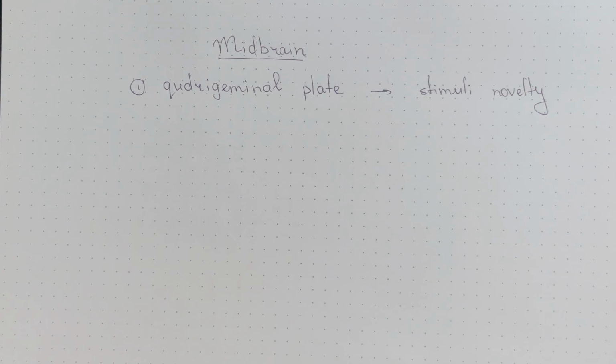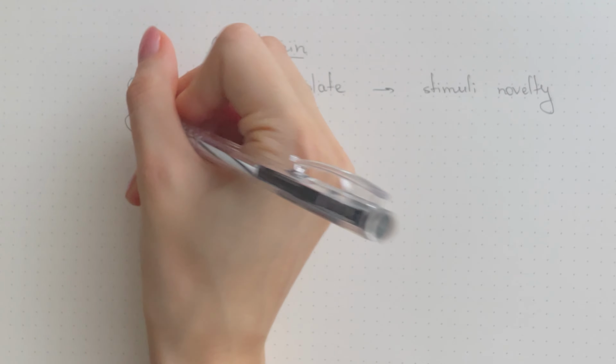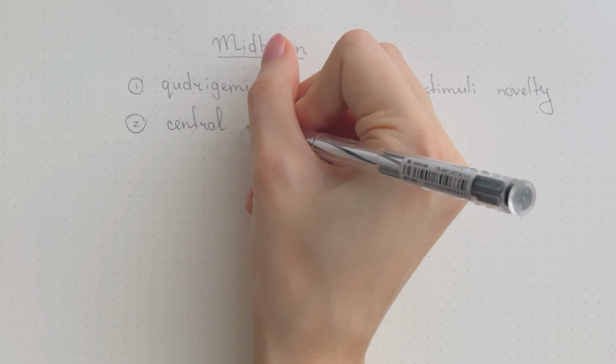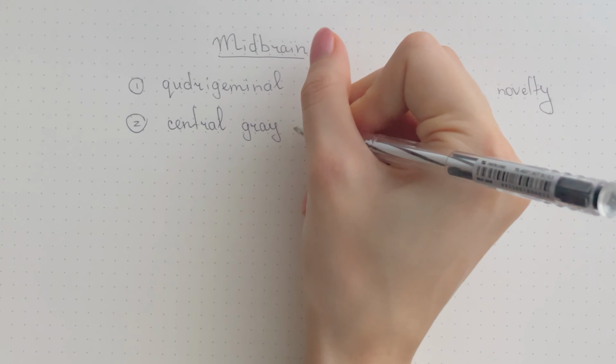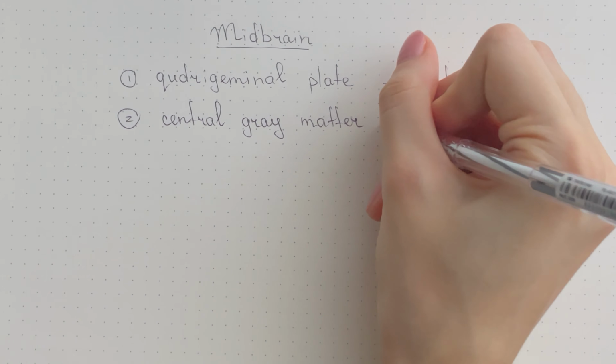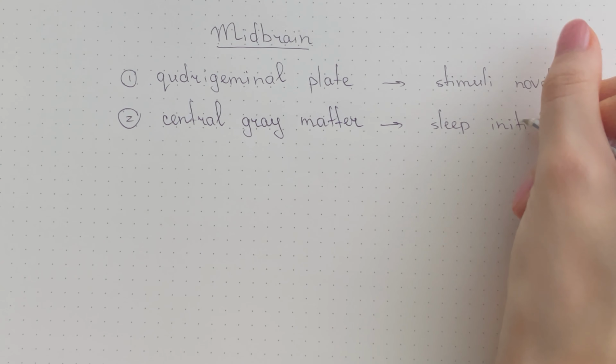That kind of thing. In the center of the midbrain, there is a structure called the central gray matter. This is the main area that initiates sleep.